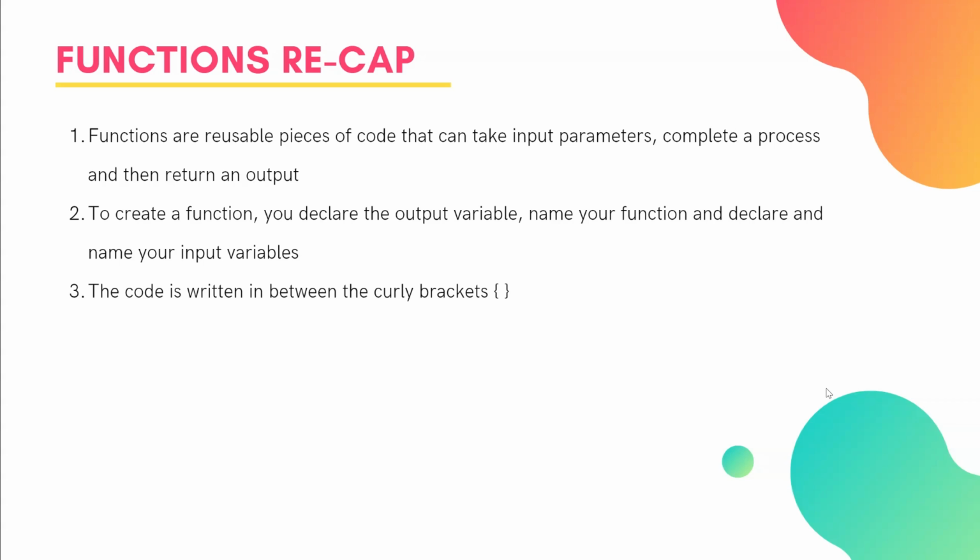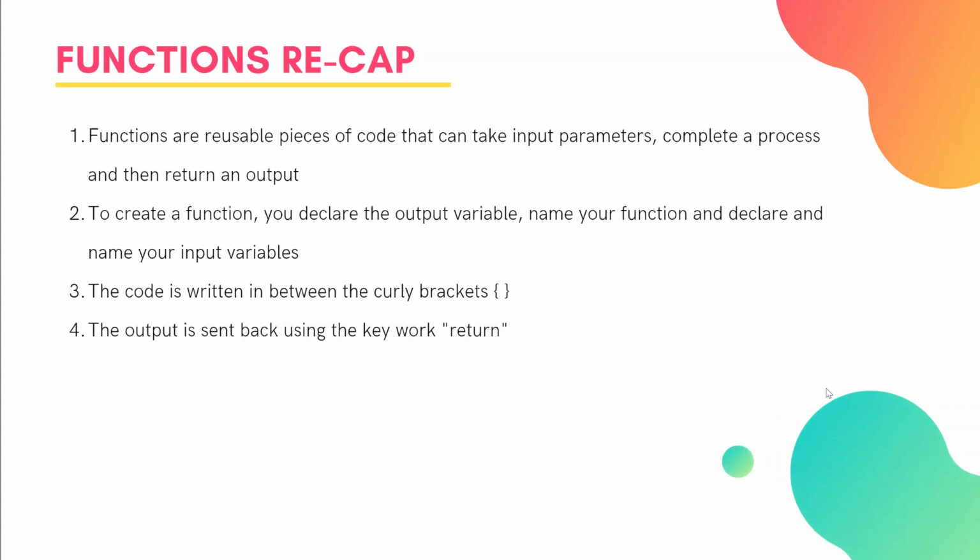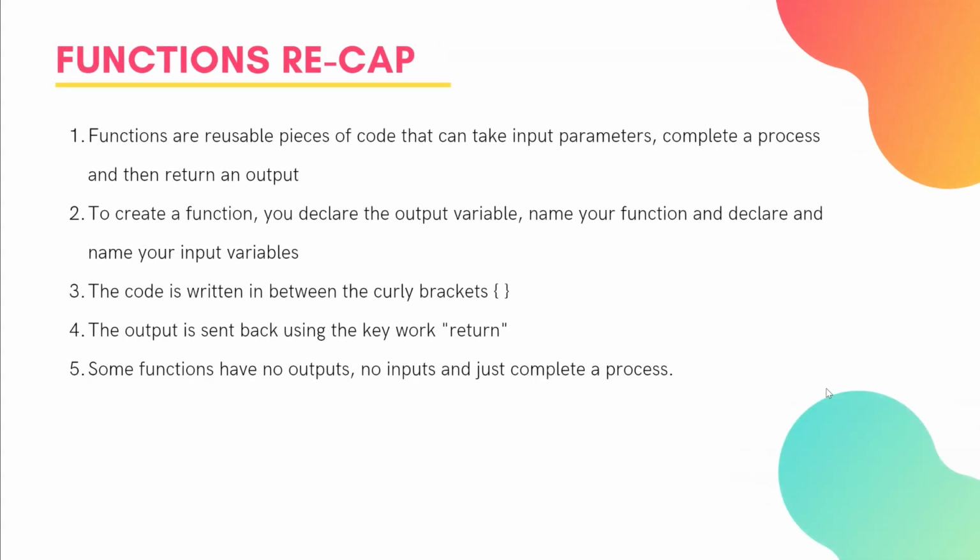The code is written between the curly brackets. The output is sent back using the keyword return. Some functions have no outputs and use the keyword void when you declare that. Some functions have no inputs and just complete a process as well.